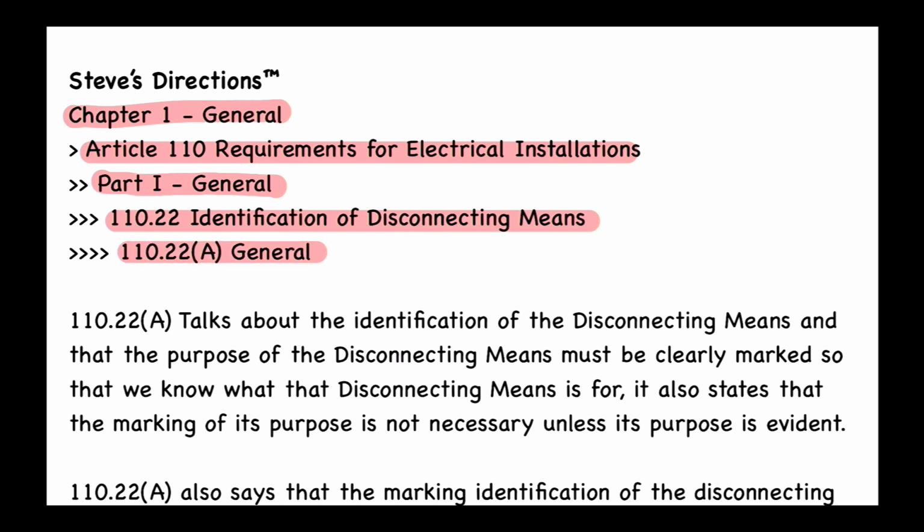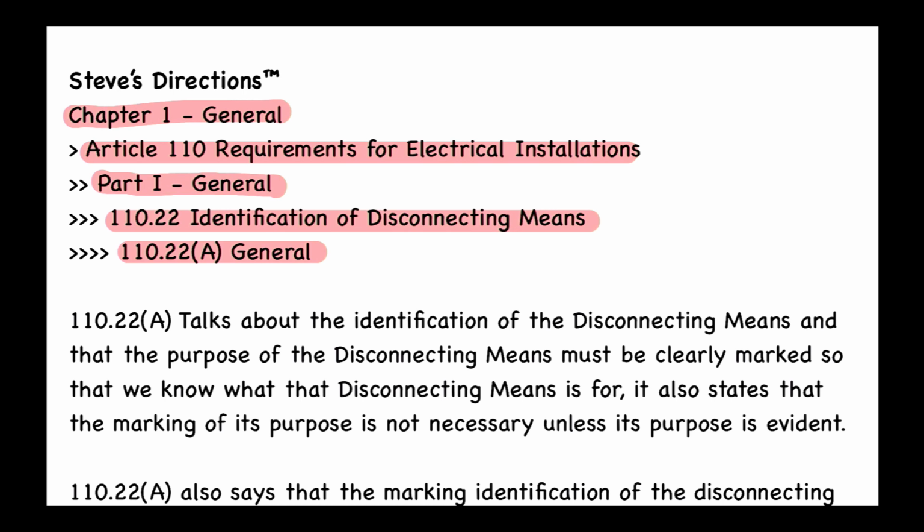110.22(A) talks about the identification of the disconnecting means, and that the purpose of the disconnecting means must be clearly marked so that we know what the disconnecting means is for. It also states that the marking of its purpose is not necessary unless its purpose is evident.